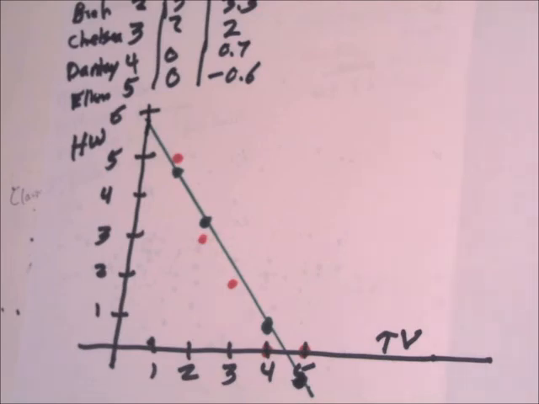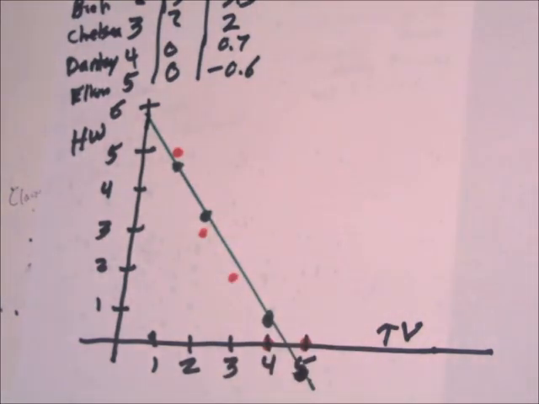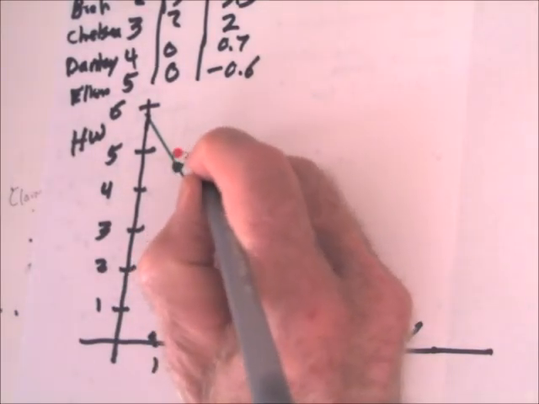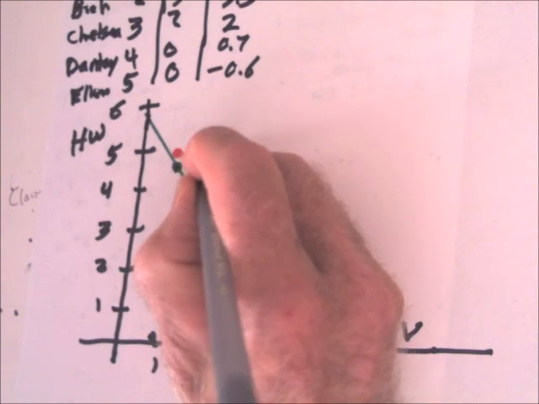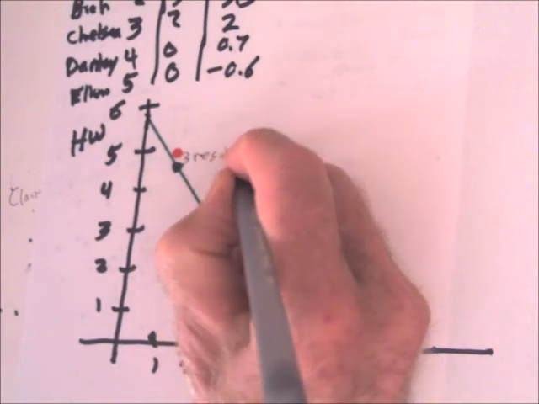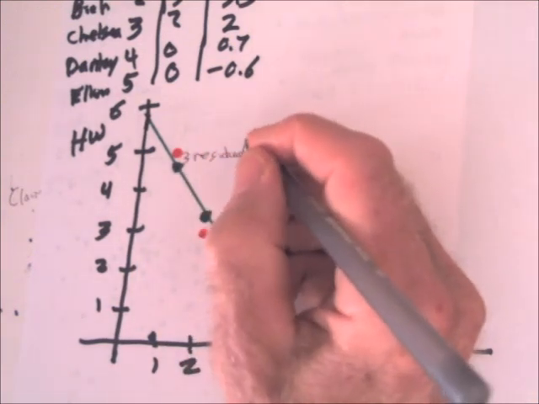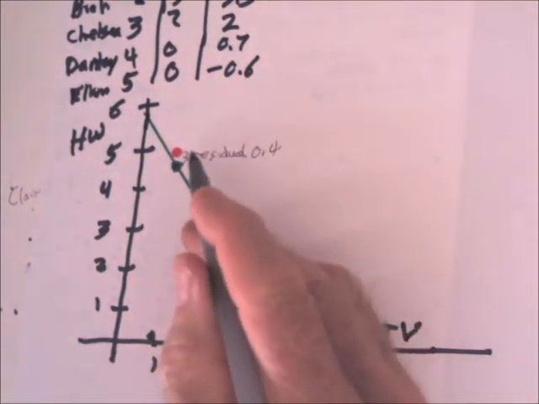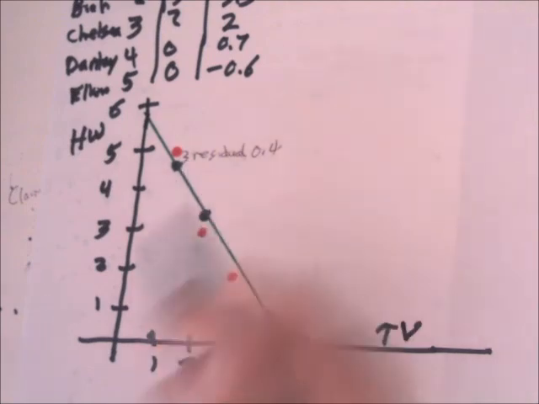And the difference between the 2 dots is the residual, or the prediction error. And this residual was 0.4, right?